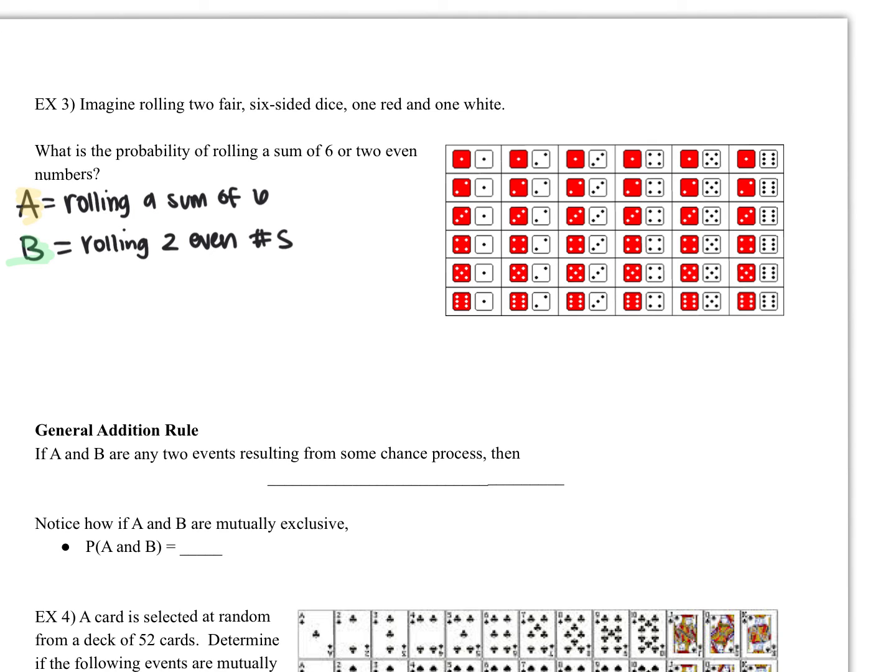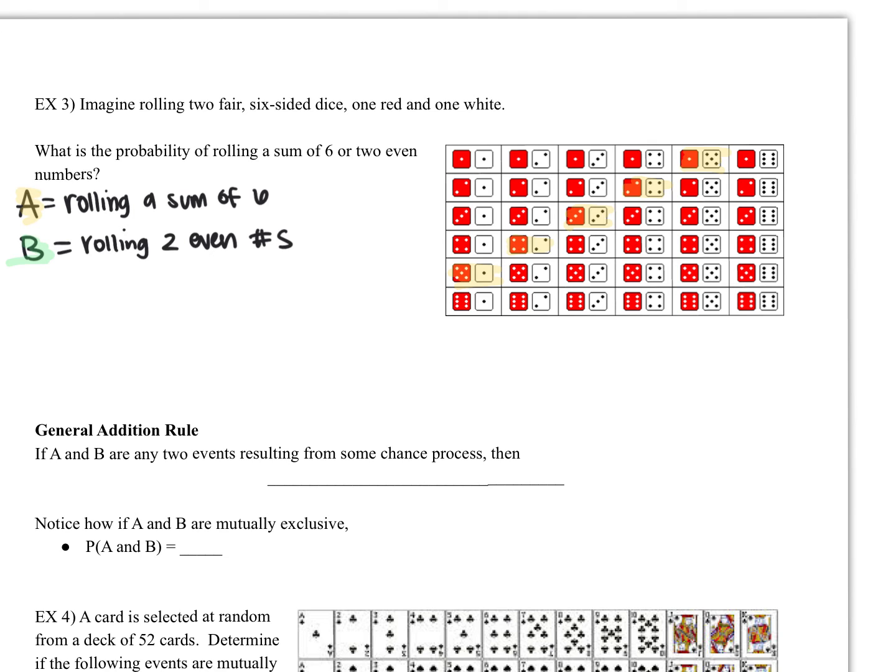Okay. So rolling a sum of 6: 1 and 5, 2 and 4, and 3 and 3. So I'm going to highlight all of those. Now I'm going to go back and I'm re-highlighting my 2 even numbers.